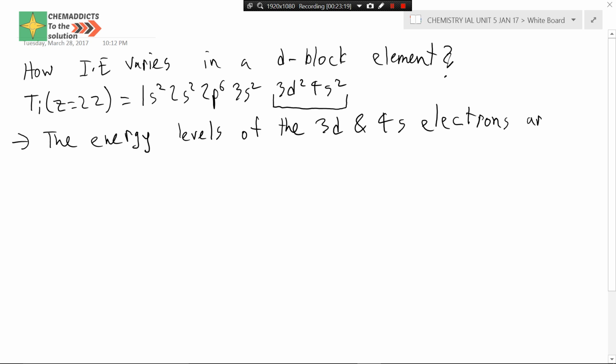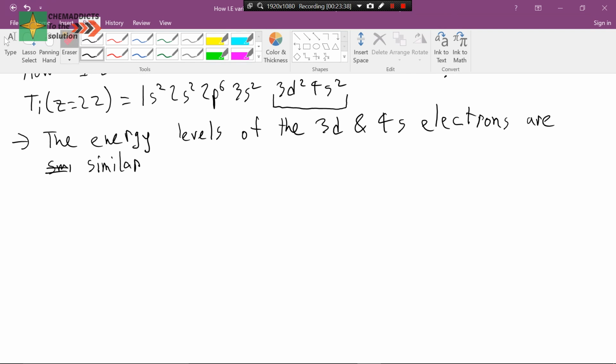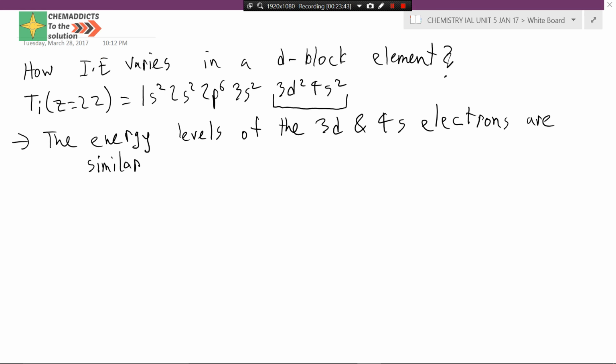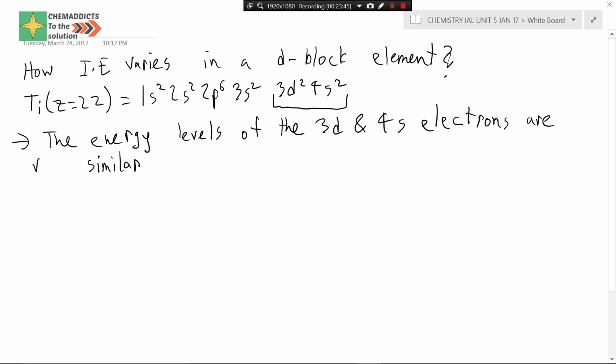Sorry, I was about to write a smiley. So here is the trick: the energy levels of the 3d and 4s electrons are very similar in d block elements.